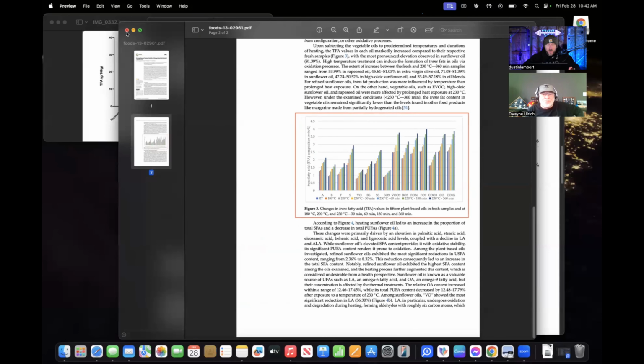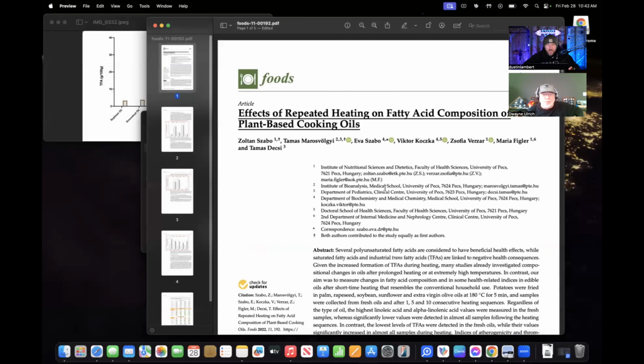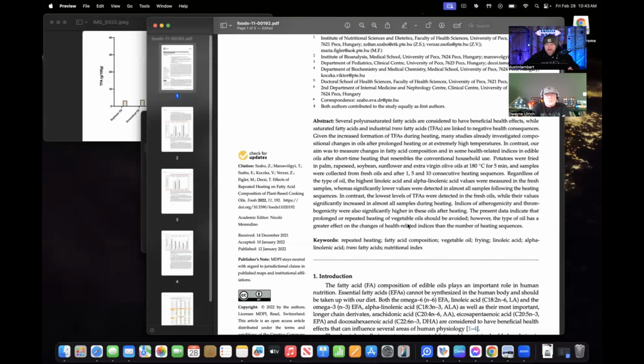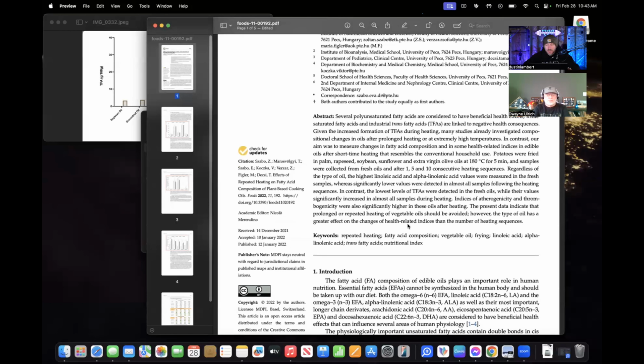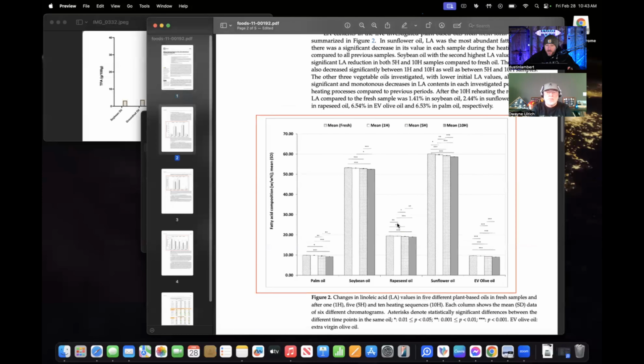So far we are seeing that there is a change due to temperature, and there seems to be even more of a change due to reheating. And this is happening even in the saturated fat containing cooking fats. In this last study, we're looking at a few different oils: palm oil, soybean oil, rapeseed, sunflower, and olive oil.